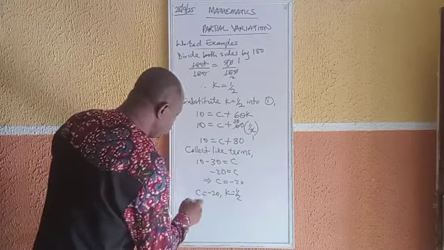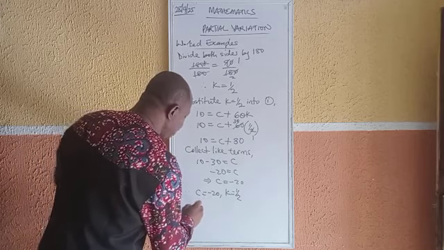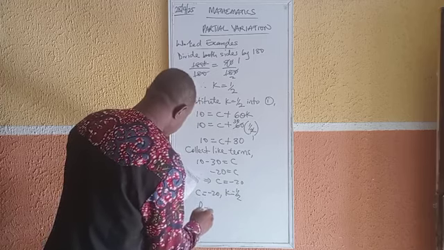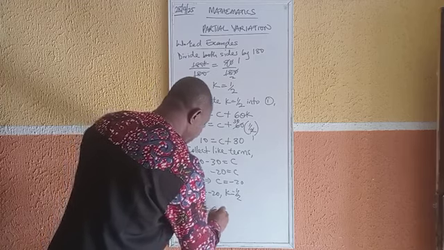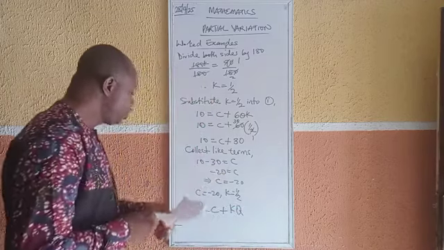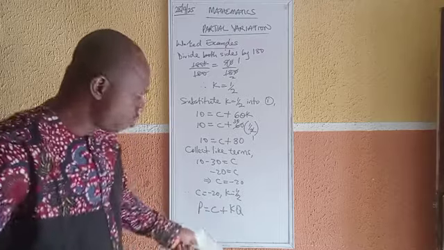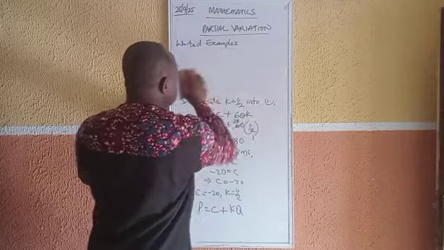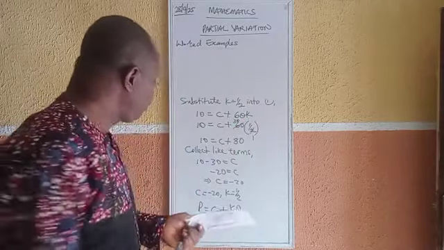Remember the original equation we were given: P equals c plus kQ. So we simply substitute the values of the constants here.